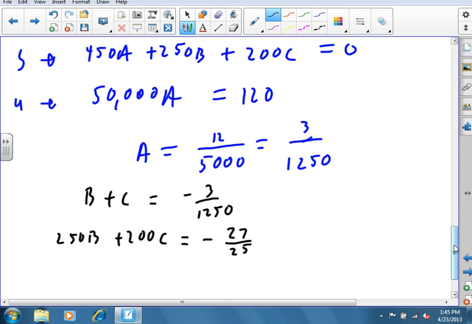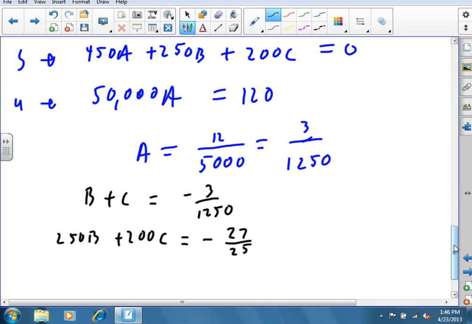I have 1, and this is going to be minus 3 divided by 1250, and then the other guy is going to be 250, 200, and the other guy is going to be 27.